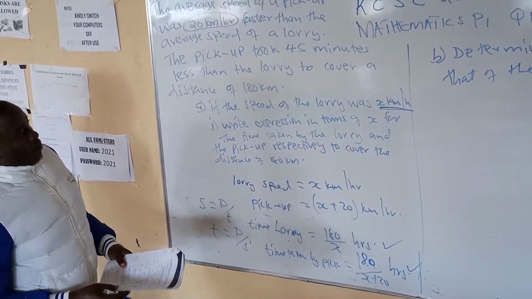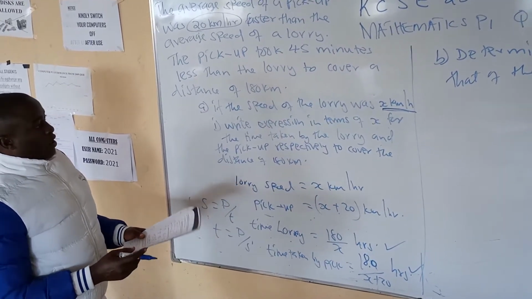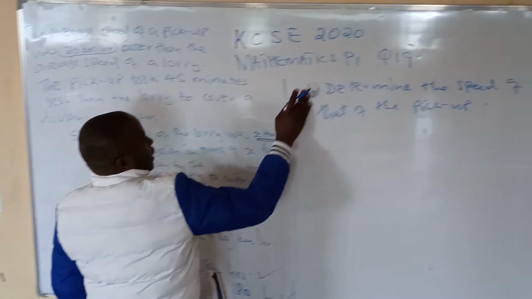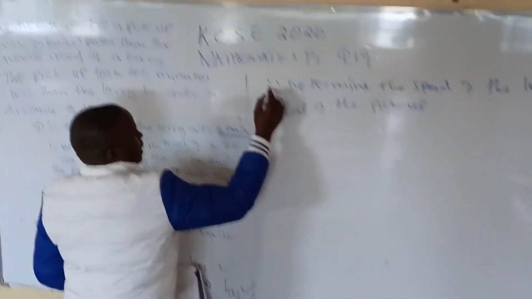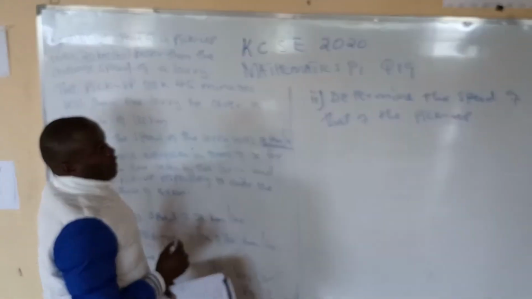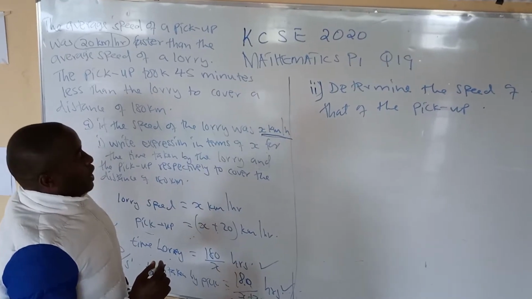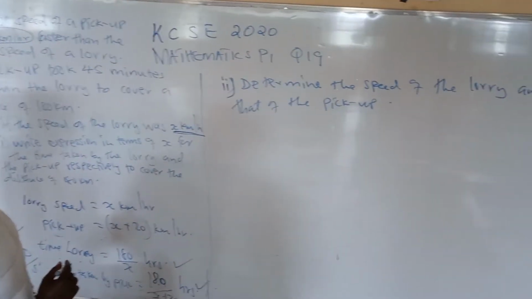Now part B, Roman 2 of part A, the question is asking that we find the speed of the lorry and that of the pickup.